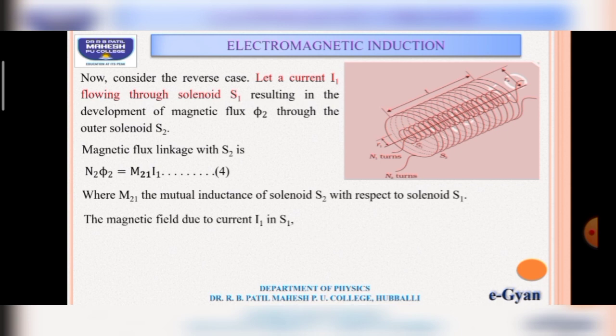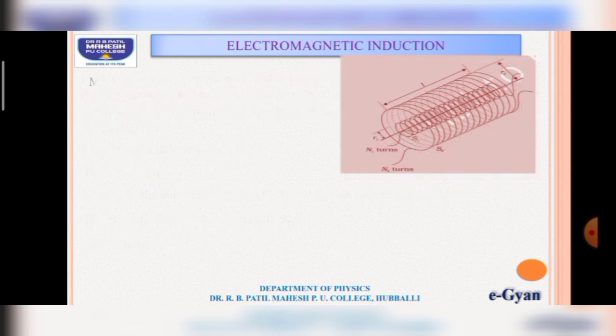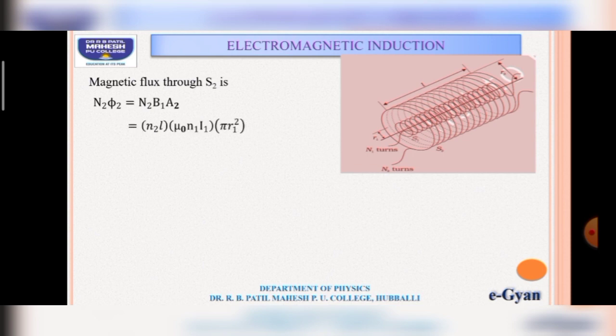The magnetic field due to current I1 in S1 is given by B1 is equal to mu naught N1 into I1, and we can write magnetic flux through S2 in another form, that is N2 phi2 is equal to N2 B1 A2, that is equal to N2 into L into mu naught N1 I1 into pi R1 square.